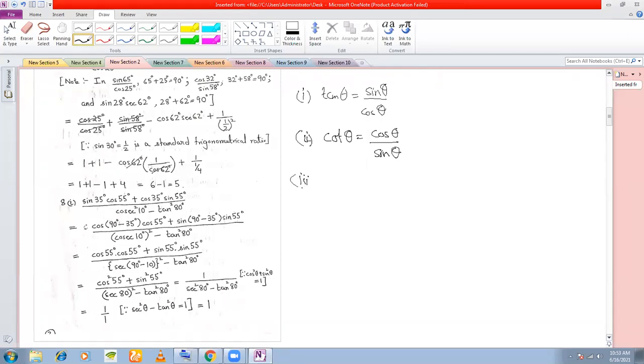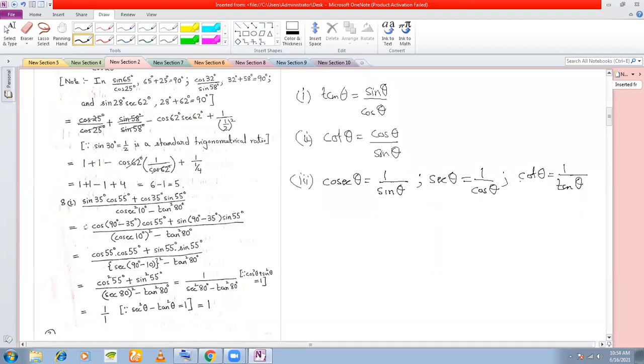You will also require the reciprocal relations: cosec theta is equal to 1 by sin theta, sec theta is equal to 1 by cos theta, and cot theta is equal to 1 by tan theta.